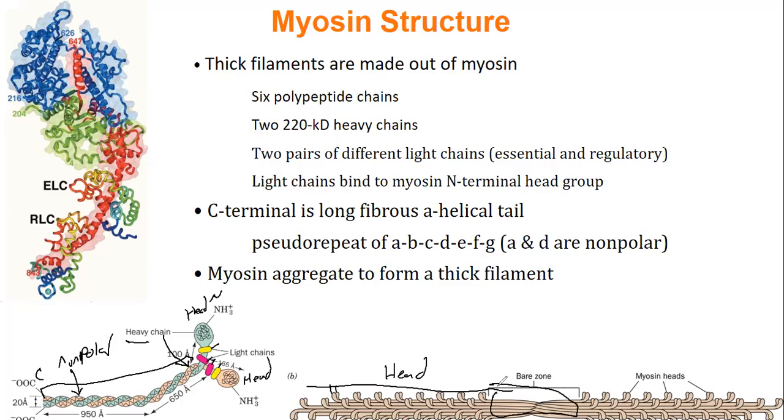So when we look at myosin inside the muscle, you'll find this configuration where you have a bare zone of myosin tails, and then you have areas of myosin heads. So all of these myosins come together to form the thick filament. So any questions about myosin? So our thick filament is made out of the protein called myosin.